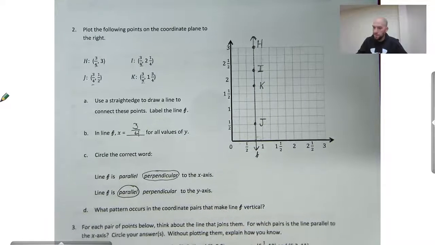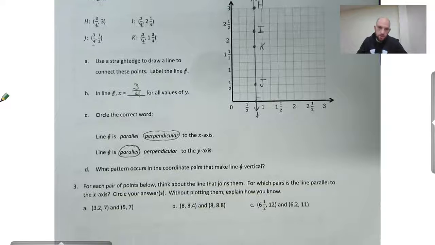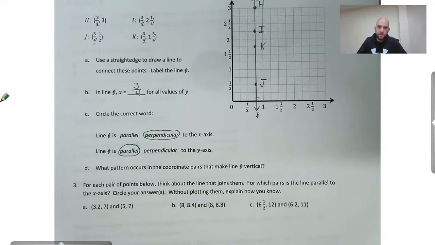And then, what pattern occurs in the coordinate pairs that make line F vertical?